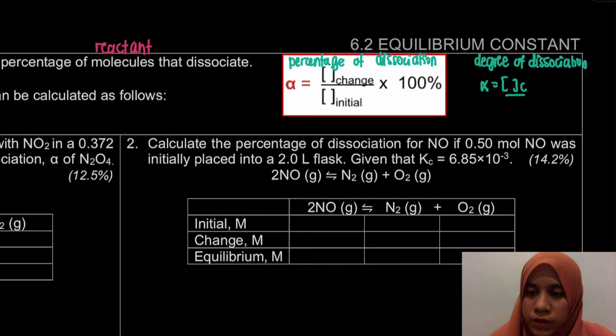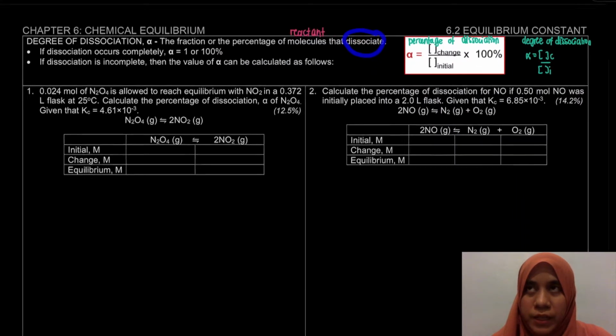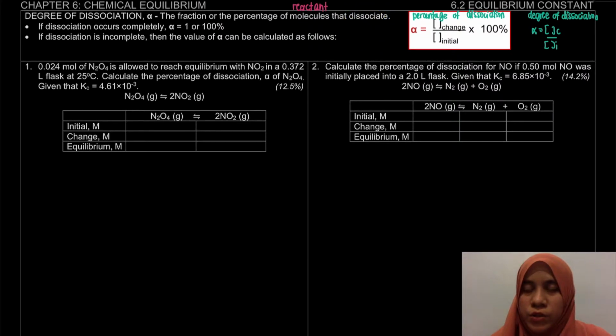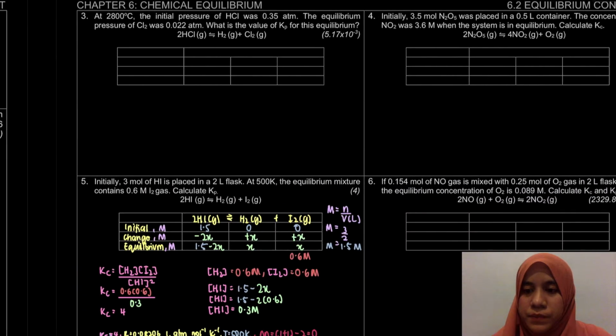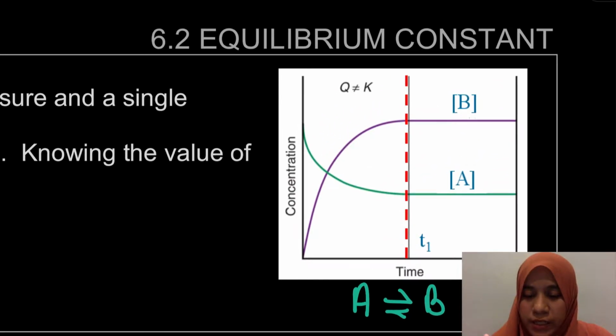change over initial. Where do we get our change and initial? It is based upon our ICE table. For dissociation, if we look at the graph of concentration over time, E here is our reactant.